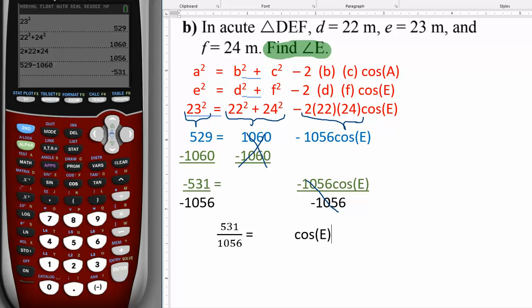And now we're at the last step. So how do we simplify cosine of E? How do we get rid of that cosine? Well, we got to do that inverse operation again. So cosine to the negative 1 power, which is inverse cosine. And what we do to one side, we also do to the other.